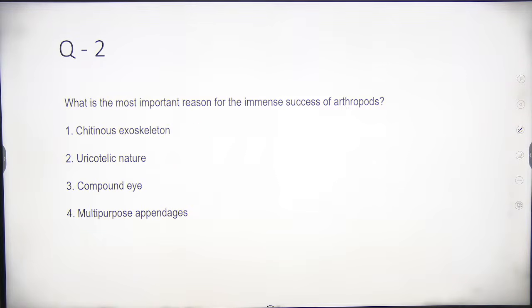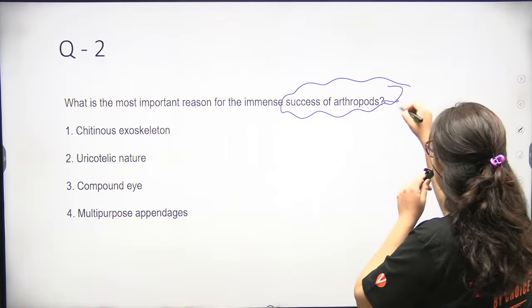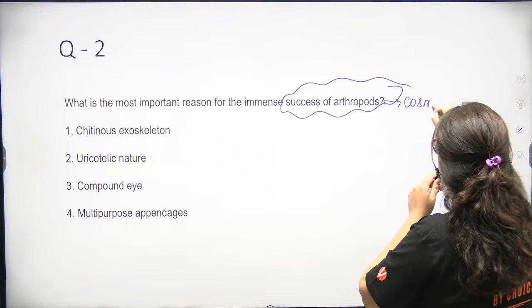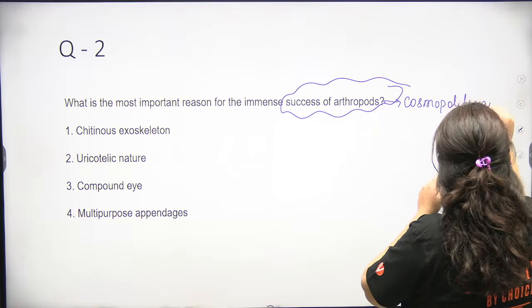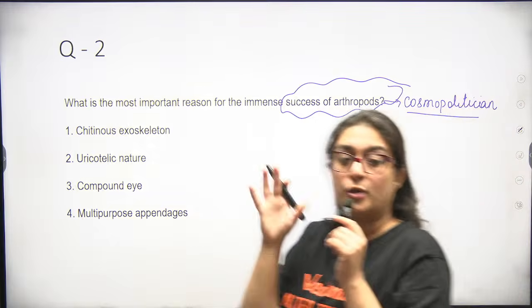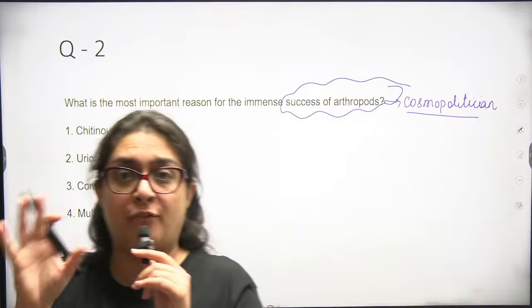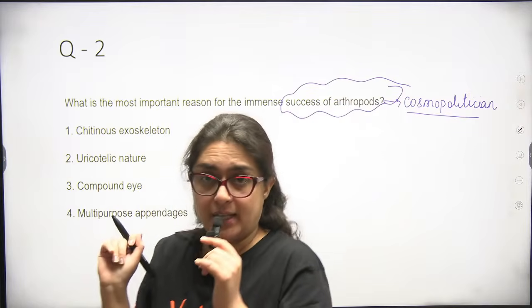What is the most important reason for the immense success of arthropods? Cosmopolitan, found everywhere, has more power of adaptation and acclimatization.